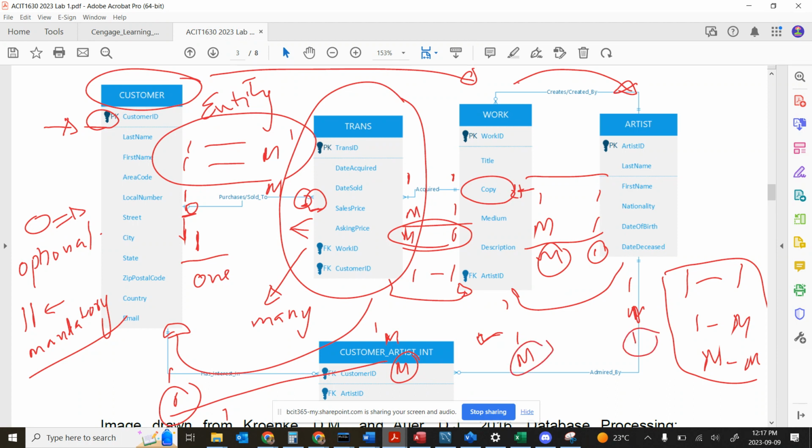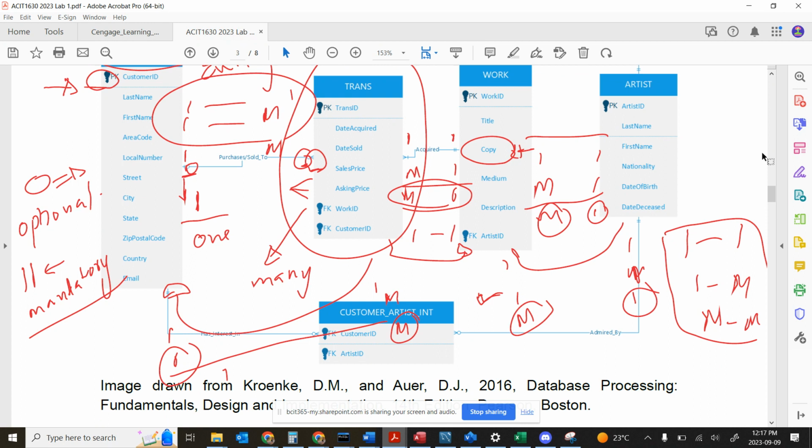Okay. Now, if we look at customer to artist, which is this one, customer artist int. The relationship between artist and customer is many to many. What does it mean? It means that one customer can admire one artist, or maybe one customer can admire multiple artists, right?